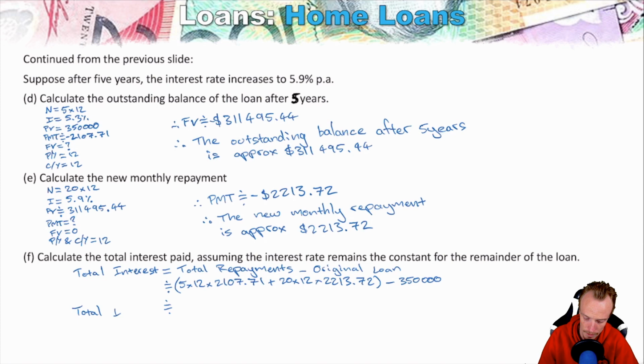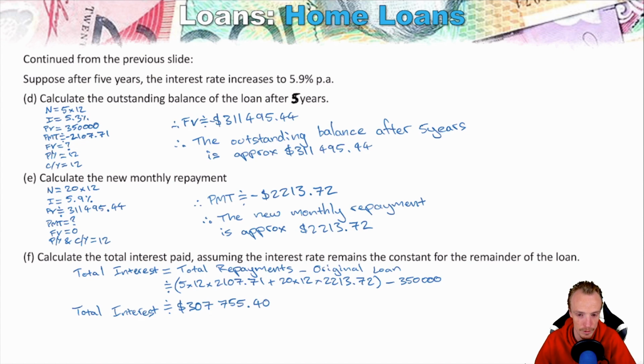And sometimes it can be really useful to maybe break it up a little bit, just to make sure that you're not making any errors. So we can see here that it's $307,755.40.